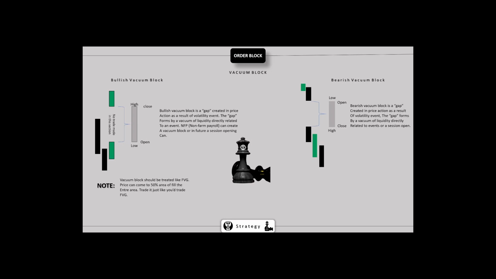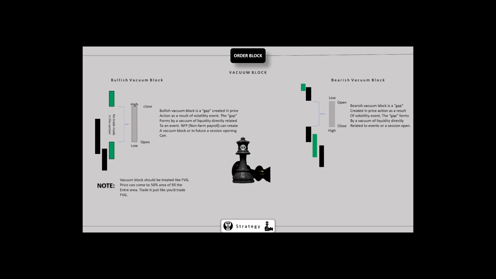The events that can cause this are a result of high liquidity in the market that will cause that gap, like the news on non-farm payroll and the session opening on Sunday.